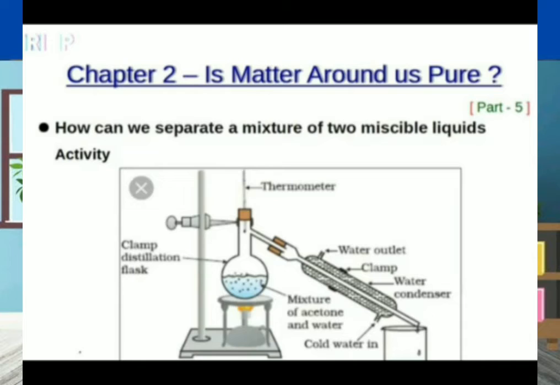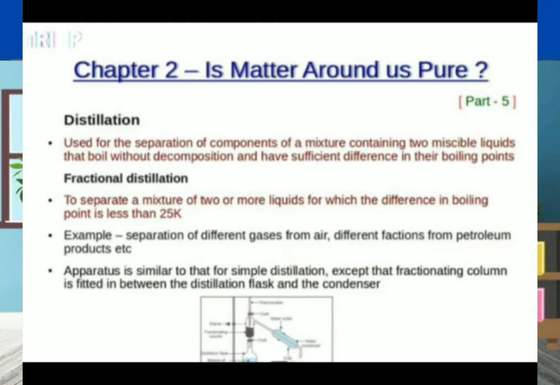The water is left behind in the distillation flask and we collect the acetone at the condenser outlet. Here we use the distillation process. What is distillation? It is used for the separation of components of a mixture containing two miscible liquids, and the boiling points should be different.